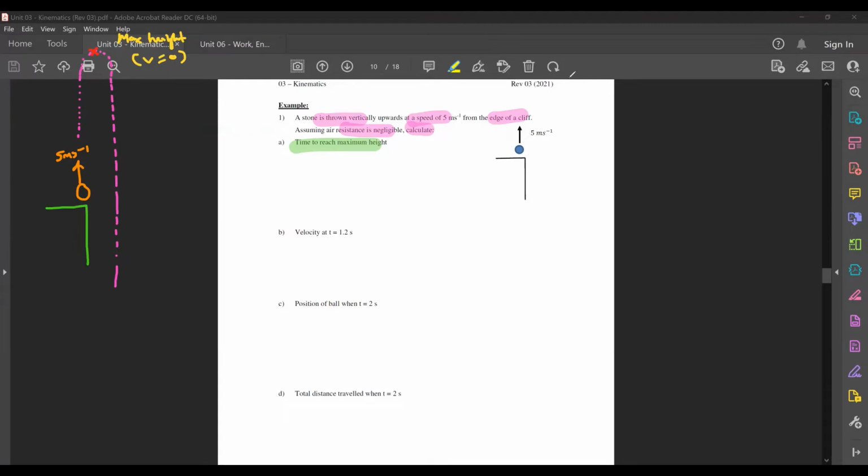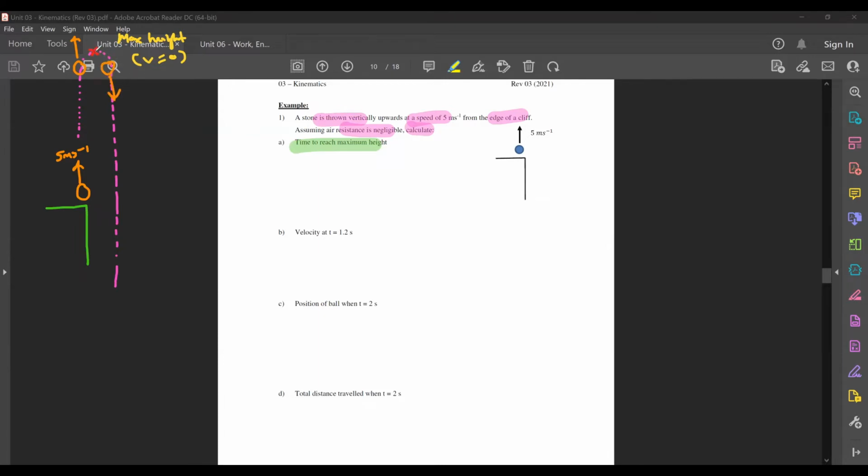Okay, because you see your object, when it goes up, just right before it reaches maximum height, your object is moving up. And then just right after it reaches maximum height, it will go down. All right.